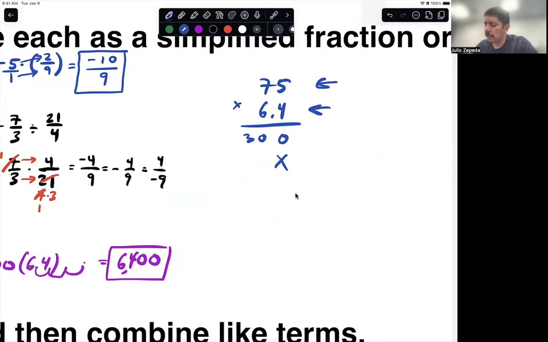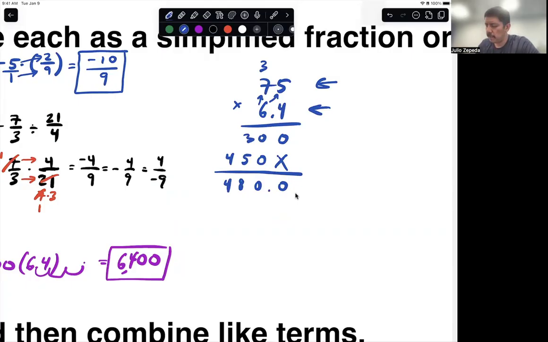And so we'll multiply the 6 by the 5 to give us 30. So 0, 3. 6 times the 7 is 42, plus 3 more is 45. So 45. And then we add down 0, 0, 8, 4.